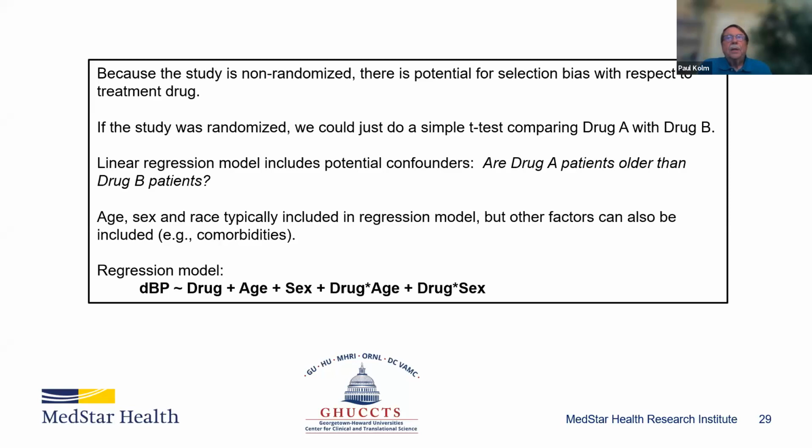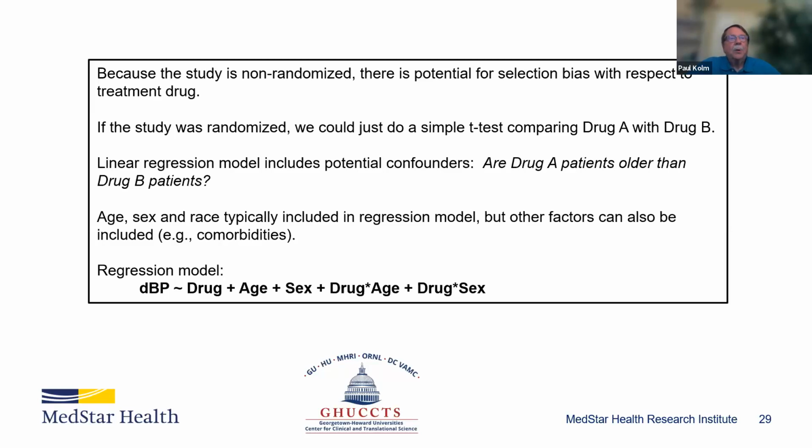And so in this case, would one set of patients be older than the other ones, or would there be a difference in the distribution of sex? Typically, when you have this non-randomized kind of design, age, sex, and race are usually the variables that are included to control for differences that might explain the difference between the drug outcomes.